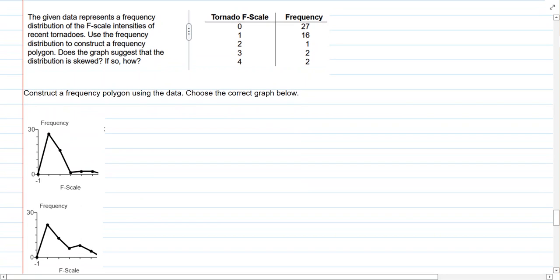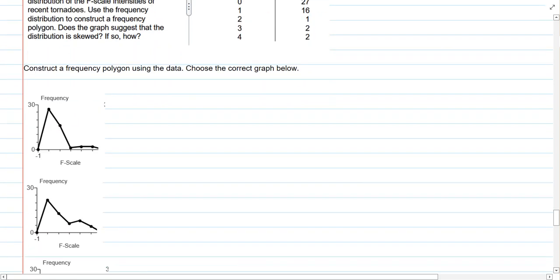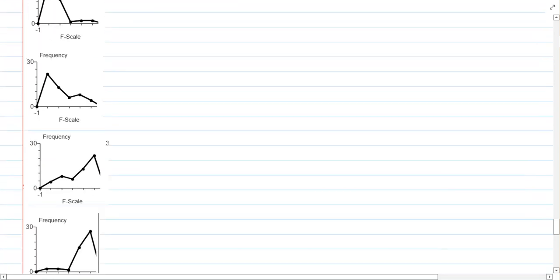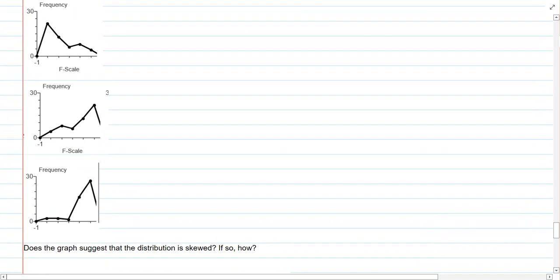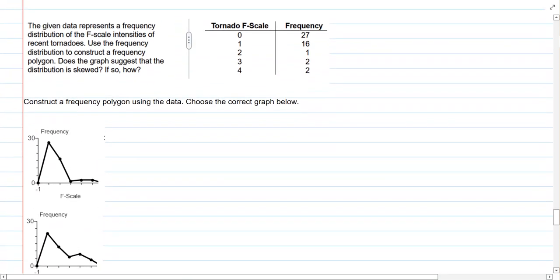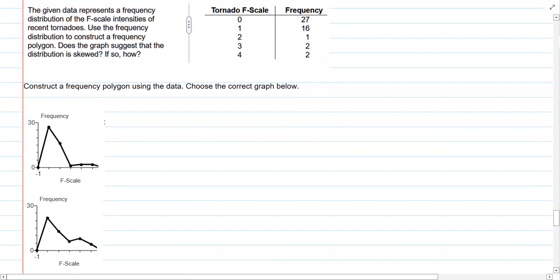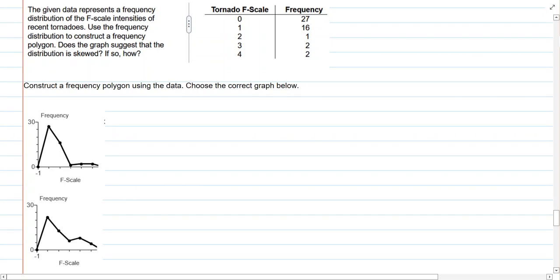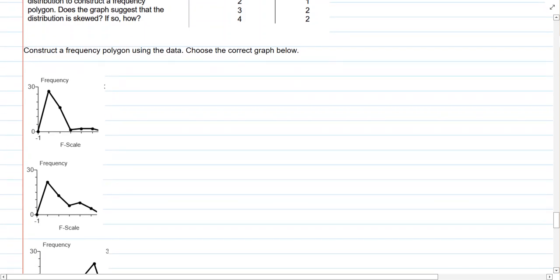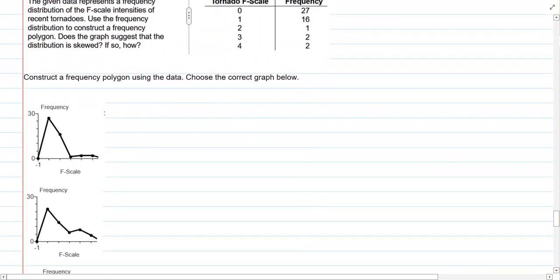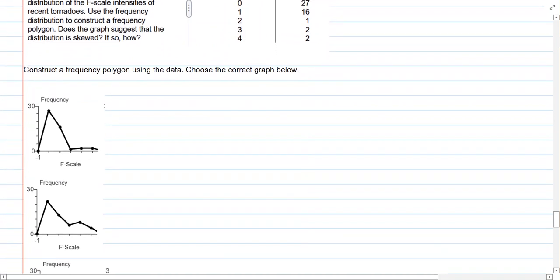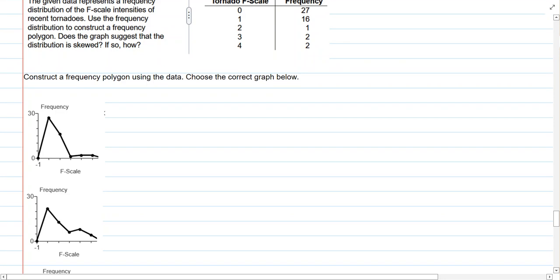So we're saying 27. Okay, so we have 27, 16, 1, 2, and 2. So here we have our 1, which is 16. The largest is 27.